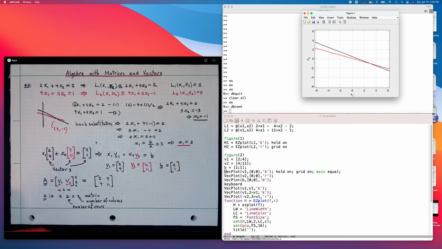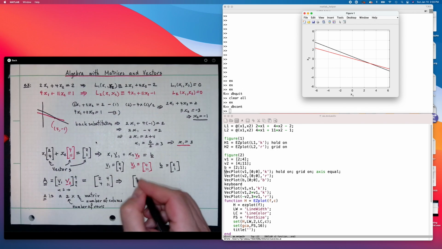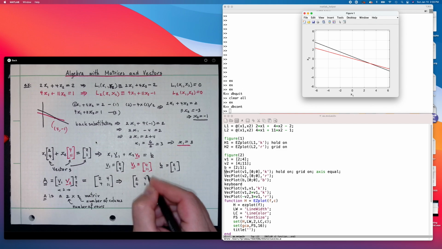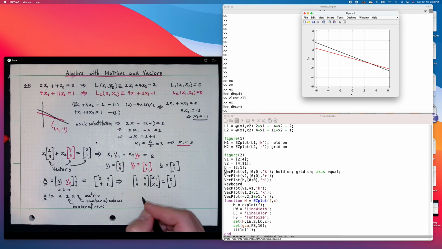And now the matrix multiplication, the system of equations, becomes 2, 4, 4, 11 times the unknowns x1, x2 is equal to the right hand side 2, 1. Or A times the vector x is equal to b, where x is the vector with x1 and x2.